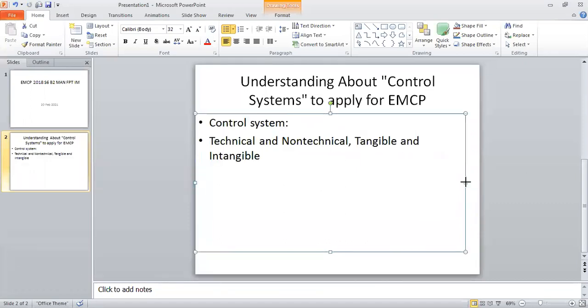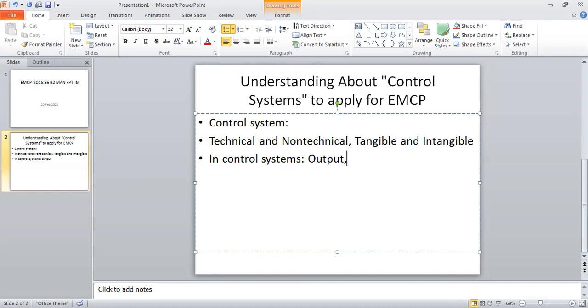So, in control systems, this will be a very important thing. In control system, we are talking about the output or results, or even outcomes. So you can use any of the words, but in technology, we used to talk about outputs. So the others may be outputs, results, outcome, whatever.